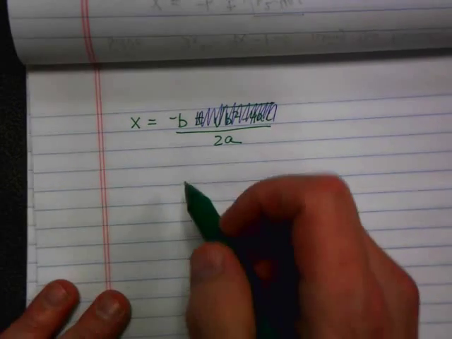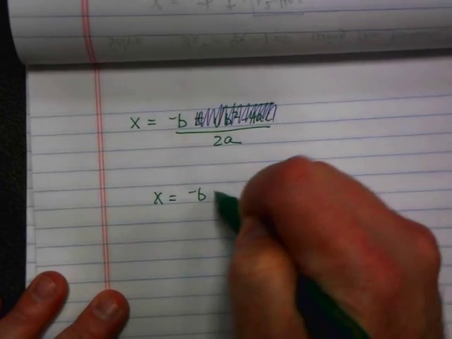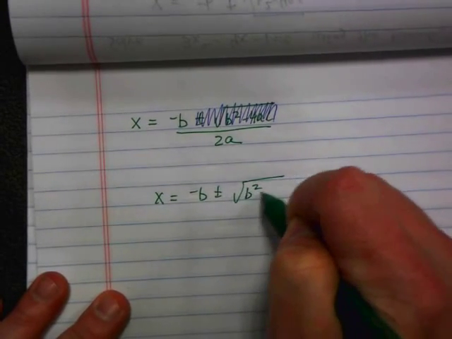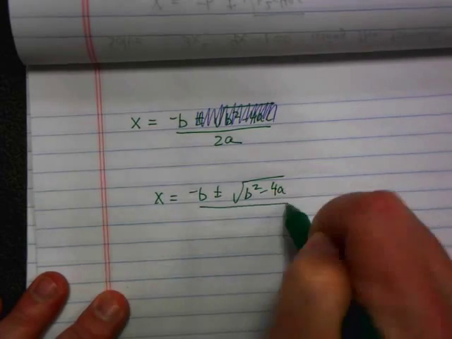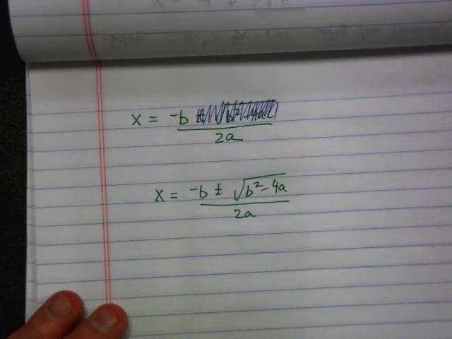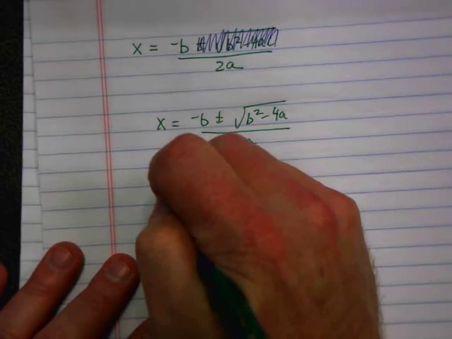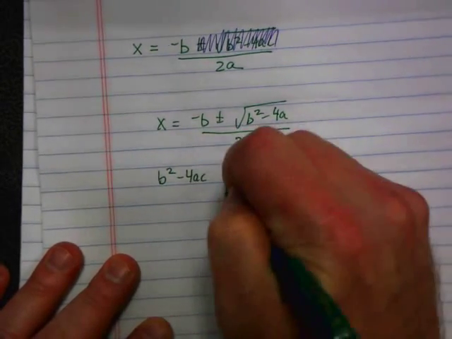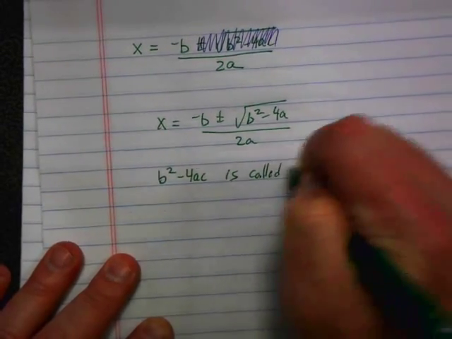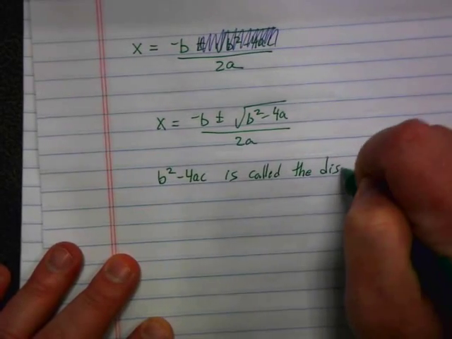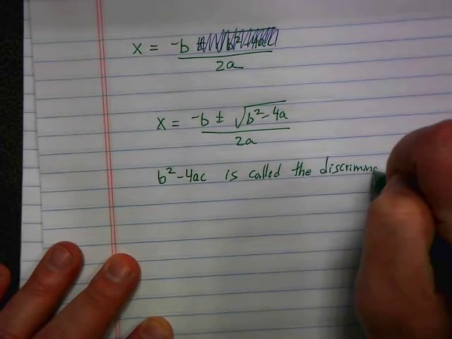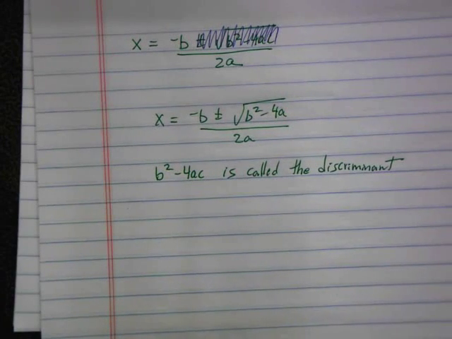The other thing I want to talk about a little bit is this part of the quadratic formula called b squared minus 4ac. b squared minus 4ac is called the discriminant. What does the word discriminant mean? Well, it's very similar to the word discriminate.